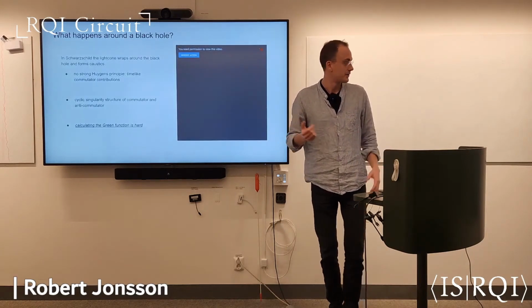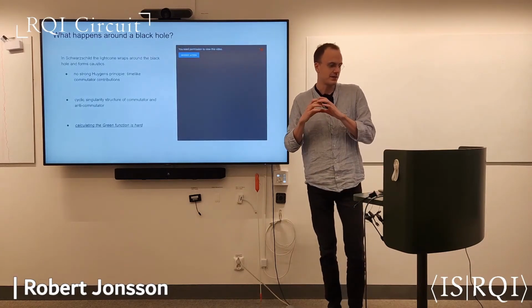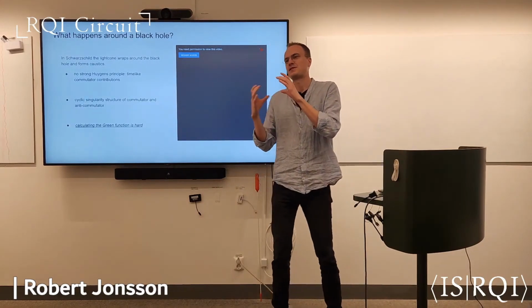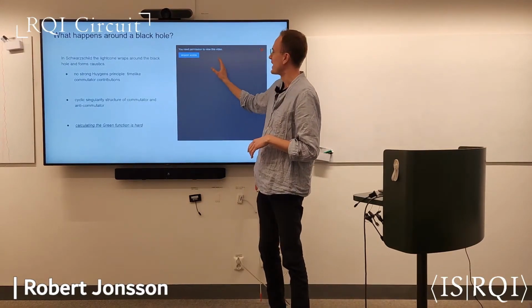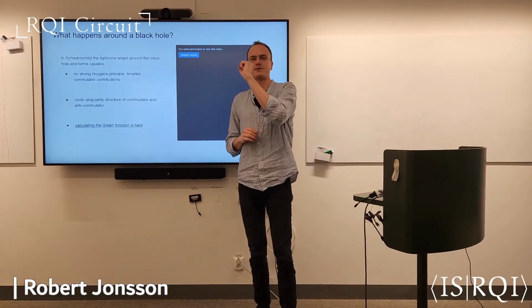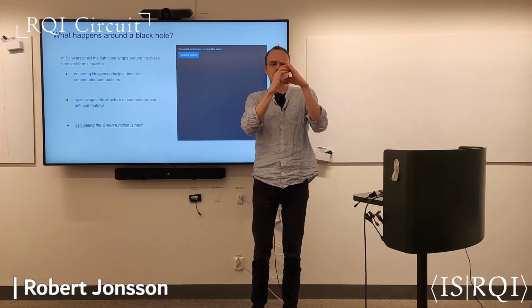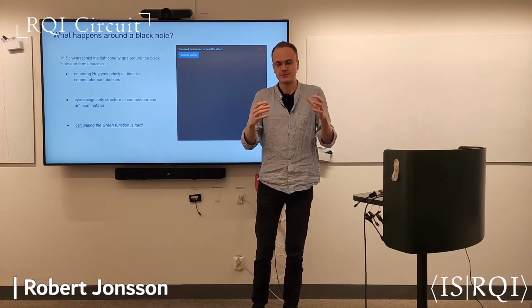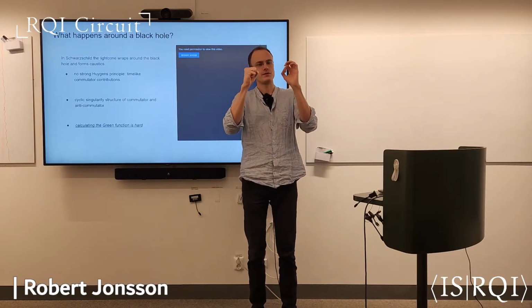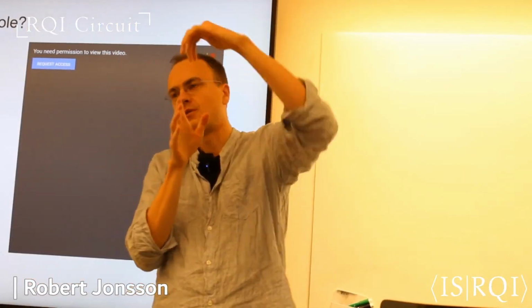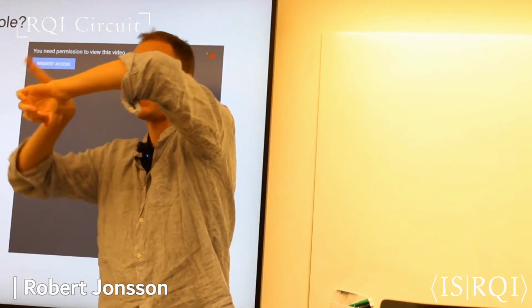Here is the video that's missing, so I will try to dance it for you. The question is, what happens close to a black hole? You would see a black hole in the middle, and you would see Alice here. From Alice there would emanate a light cone, and whereas in flat space-time this would just be a spherical ball expanding, with a black hole in the middle this ball starts to expand, but then it folds around the black hole and starts to see itself again.